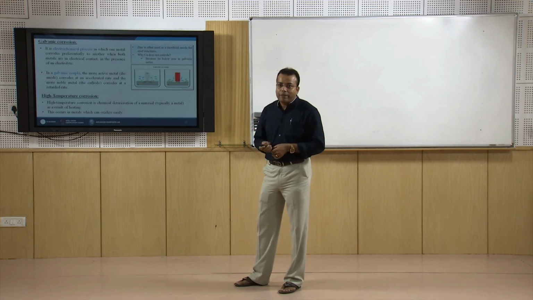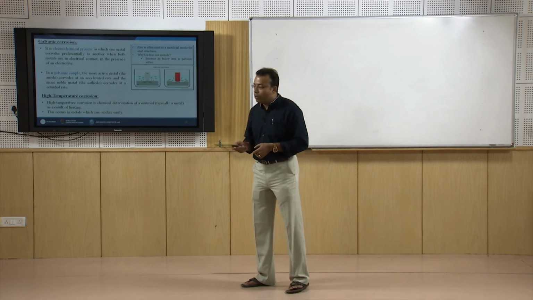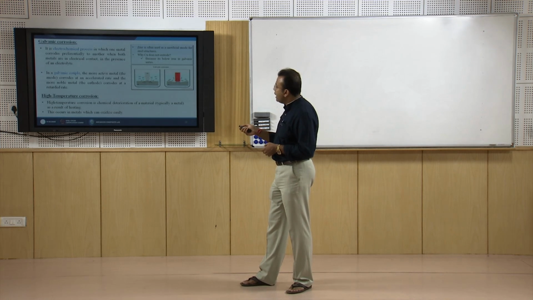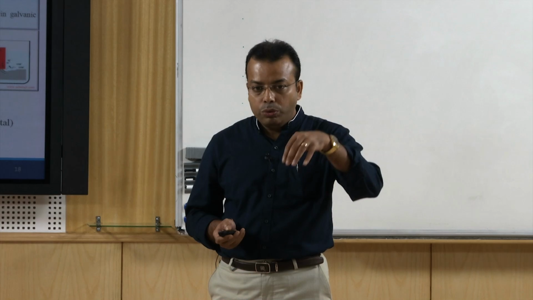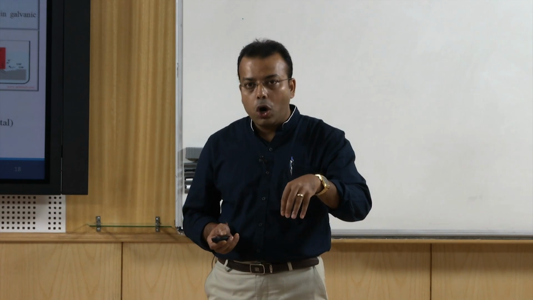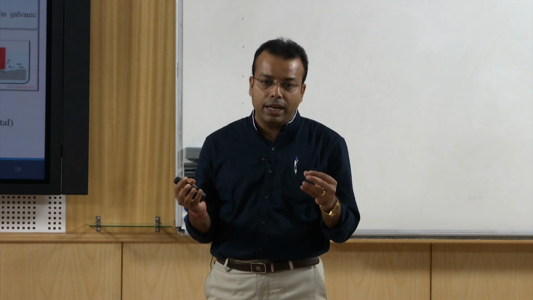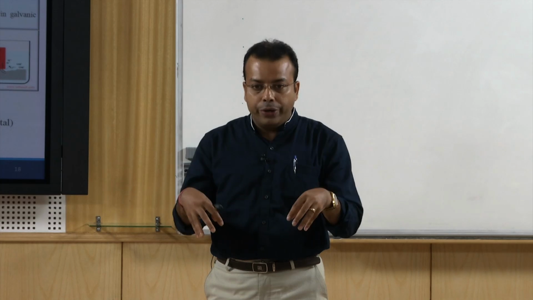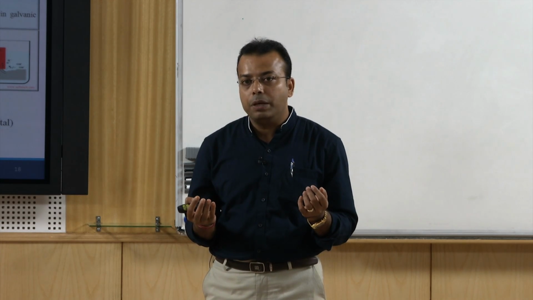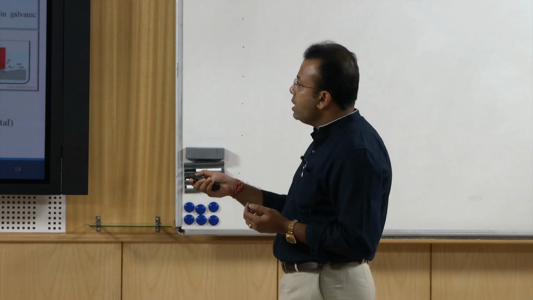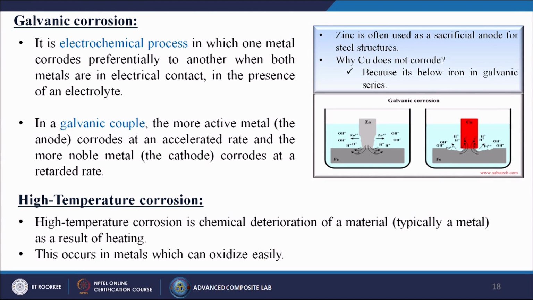The first one is galvanic corrosion. From that name you can understand that when we dip a material into some liquid, or when two solid materials are in some common solution, some chemical reactions take place between them. It is an electrochemical process in which one metal corrodes preferentially to another when both metals are in electrical contact in the presence of an electrolyte.